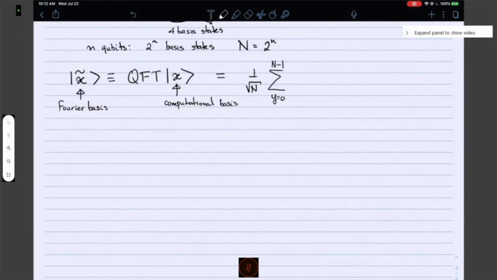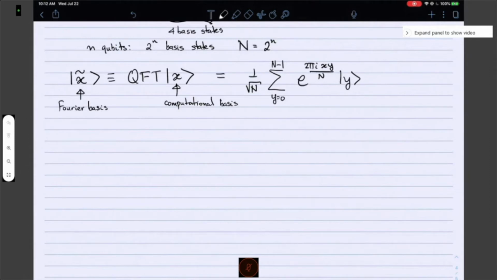Because we're starting from 0, you have that minus 1. e to the 2 pi i x y over N, and the state y. That's it. That is the definition of the quantum Fourier transform. It's very simple to write down, but let me show you exactly why this works.